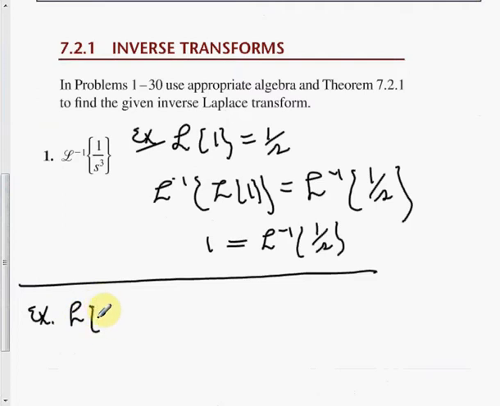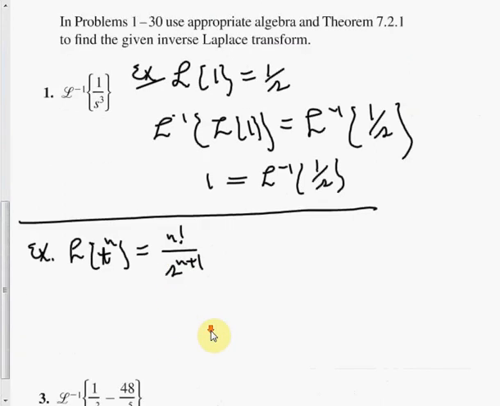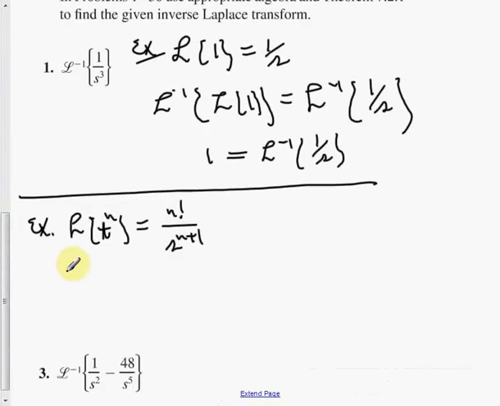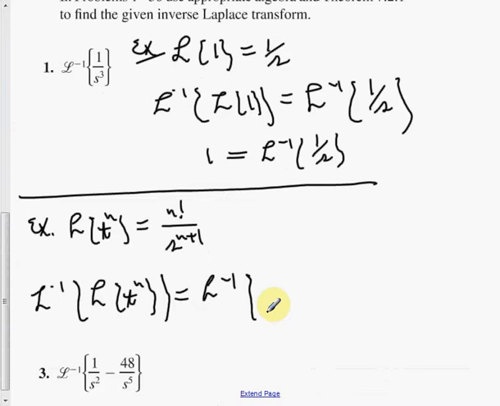So if we know that the Laplace transform of t to the n is n factorial over s to the n plus 1, then if we take the inverse transform of both sides, this is the inverse transform of n factorial over s to the n plus 1.